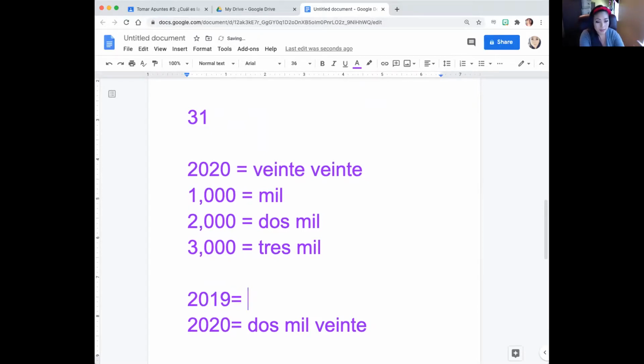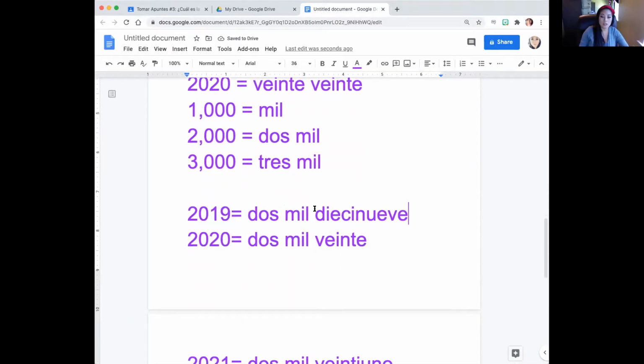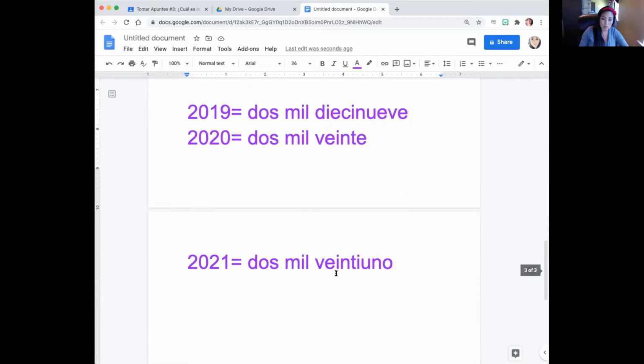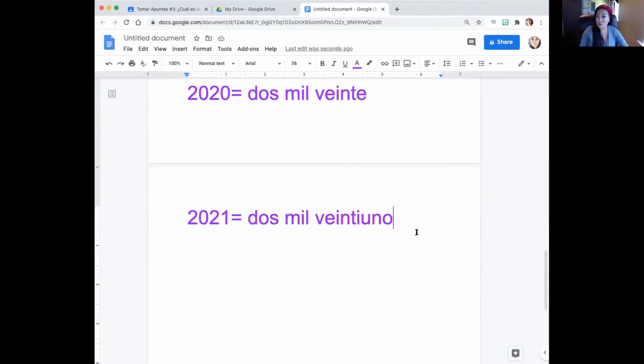It would be dos mil diecinueve. All we're doing is counting. Dos mil this, dos mil this, dos mil this, 2022, 2023. It's like a trabalenguas, it's like a tongue twister, okay? So now you should be all set with your mes, your número en el calendario, la fecha, y el año, okay? You should be able to do all of it.